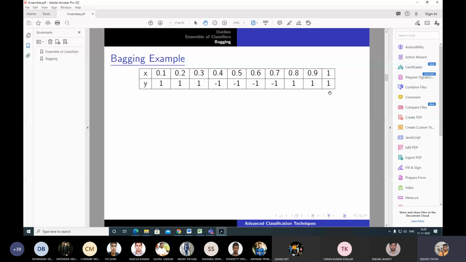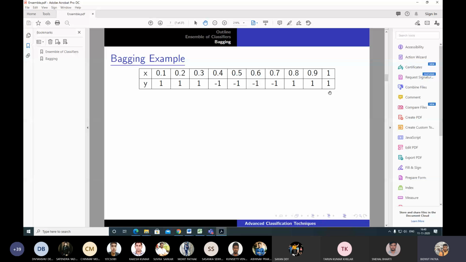Instead you have a real line X, and the values run from 0 to 0.1, 0.2, 0.3 and so on, and each has a class label. Suppose this object has value 0.1 and class label 1.